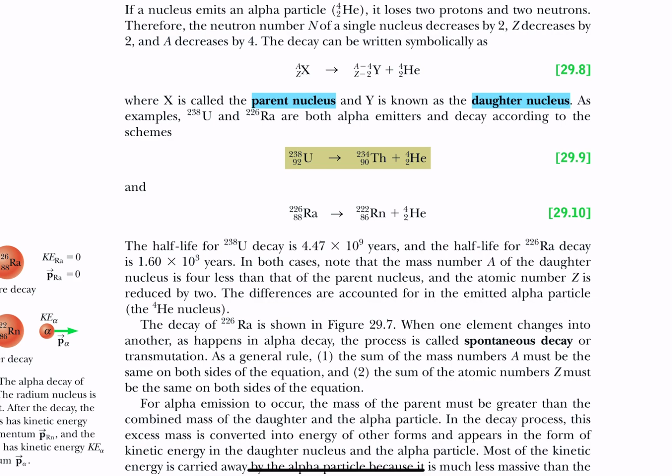And you know that 92 minus 2 gives you a proton number of 90. And the only element that can be 90 is thorium. So you would therefore be able to identify that thorium is your daughter nucleus, just like you might have to do, or will have to do, on your test.